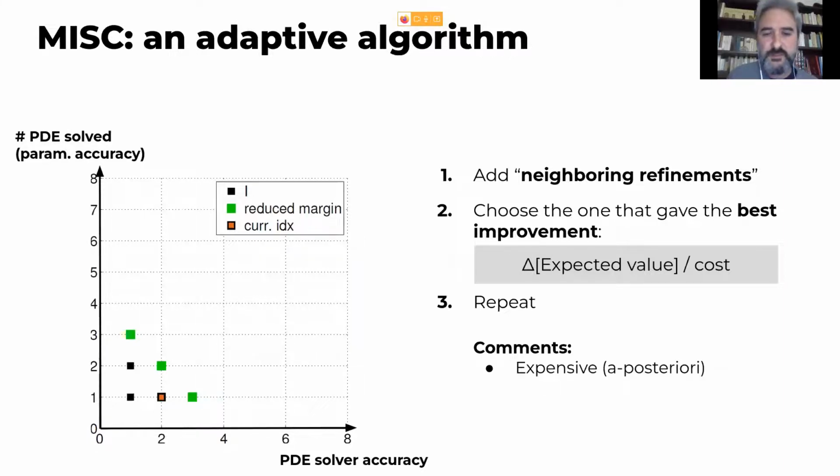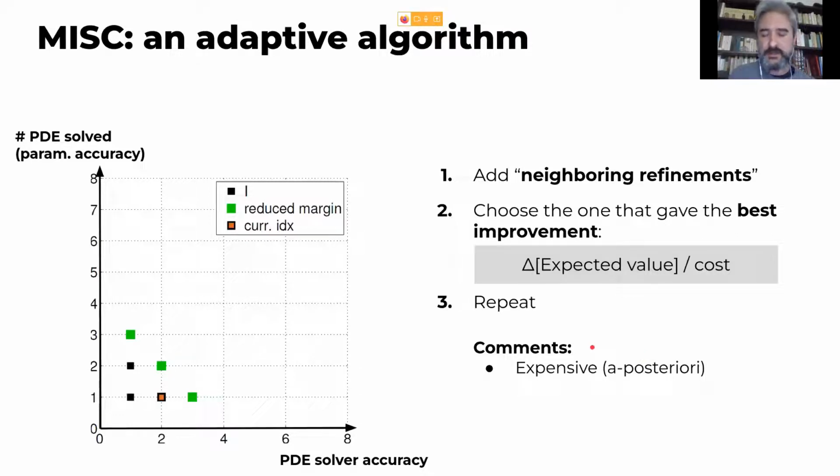This algorithm is not ideal in the sense that it's fully a posteriori, so you need to solve the PDEs first, and then maybe you realize that some PDEs were useless. So there's room for improvement here. The talk of Feischl this morning gave you, in a sense, an idea of how to improve this.